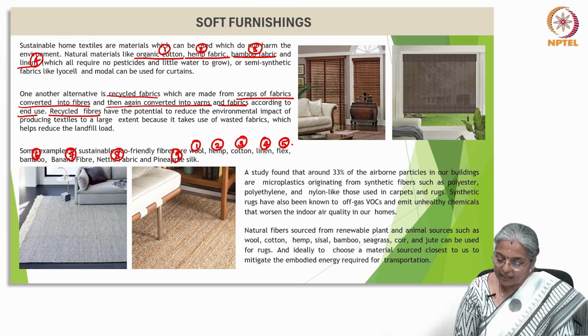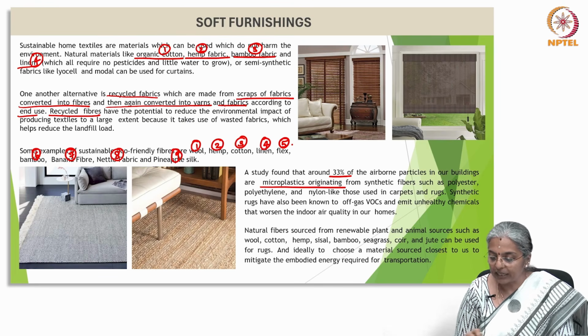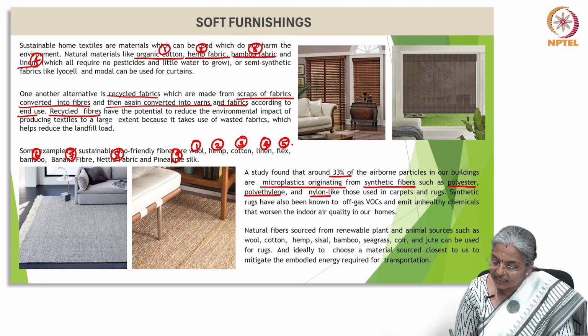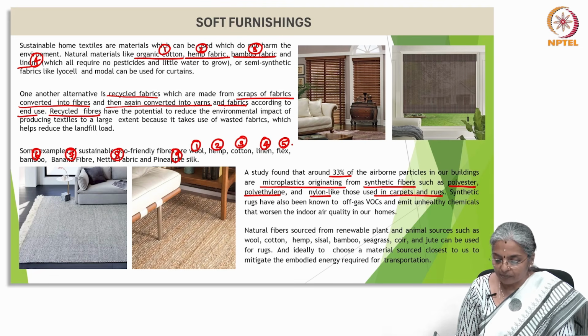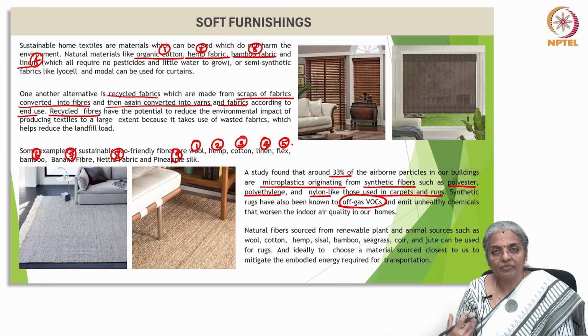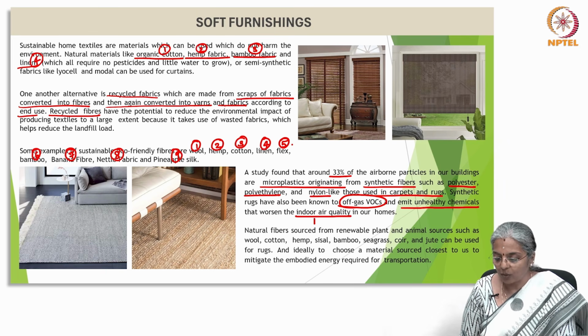A study found that about 33% of airborne particles in our buildings are microplastics originating from synthetic fibers such as polyester, polyethylene and nylon, and these are used in carpets and rugs. So, synthetic rugs have been known for ages for being VOC intense, and therefore they emit unhealthy chemicals that actually make the indoor air quality very bad in our house.